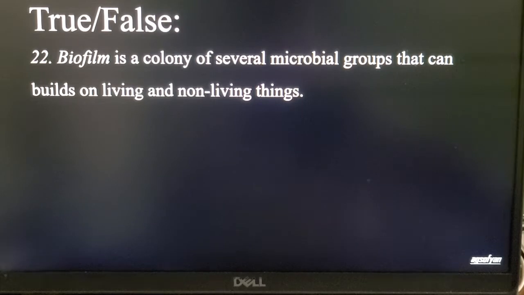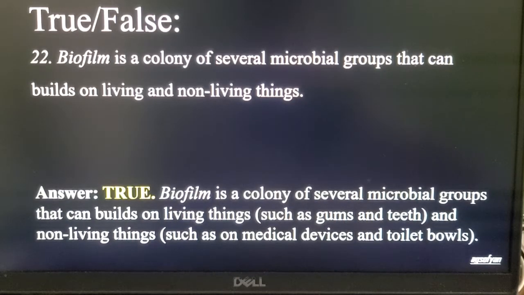And number 22, biofilm is colony of several microbial groups that can build on living and non-living things. True or false? Yes, this is actually true. Okay, so biofilm is a product of some bacteria, and it will invite other bacteria to stay on that condition.